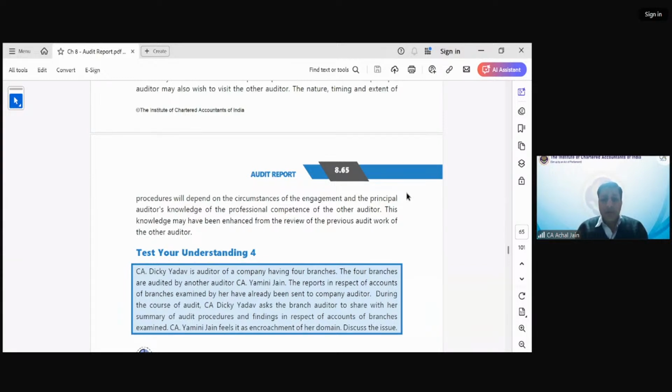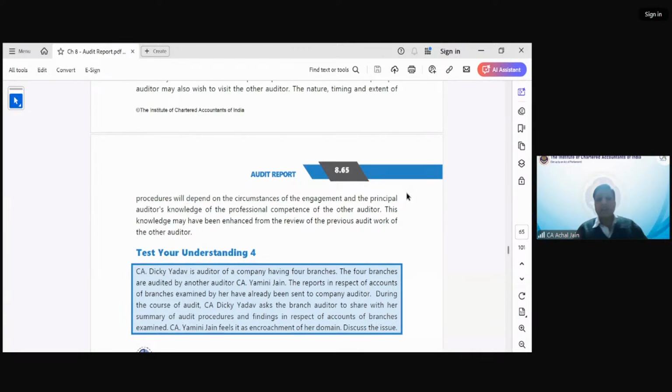During the course of audit, CA Dicky asked CA Yamini to share a summary of audit procedures and findings in respect of accounts of branches examined by CA Yamini. CA Yamini feels this is an encroachment of her domain, meaning she is not comfortable sharing all of this information. Your comments. Over to you.